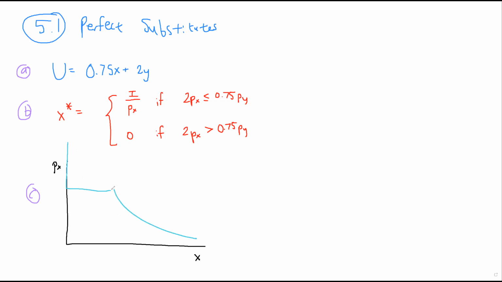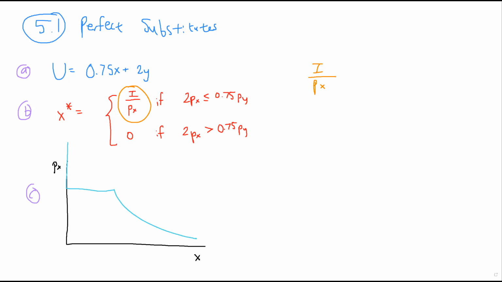The question is, how did I get this nonsense? So first things first, here's my demand curve, I over PX. You're holding I constant. PX can move though. What this means is, let's pull up a tab. Wolfram Alpha.